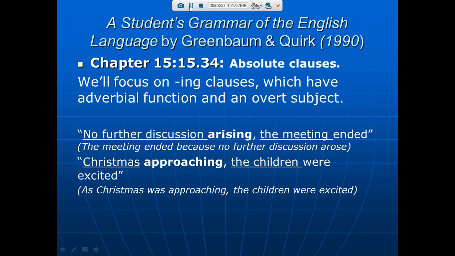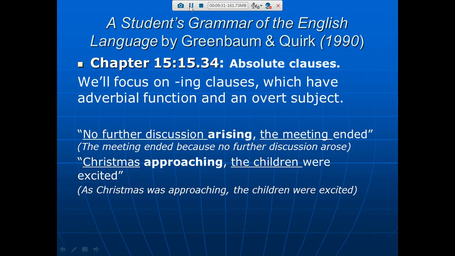So we can see that the subordinate absolute clause, no further discussion arising, has adverbial function because it means "because there was no further discussion" or "no further discussion arose, the meeting ended." The overt subject of the subordinate absolute clause is no further discussion, and the subject of the main clause is the meeting: non-co-referential subjects.